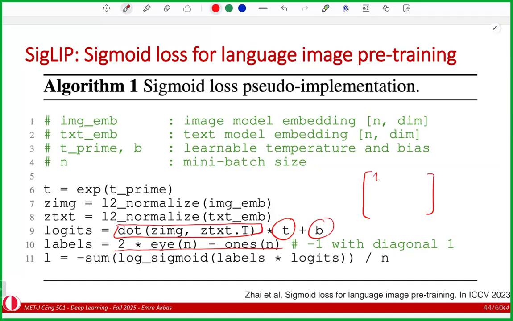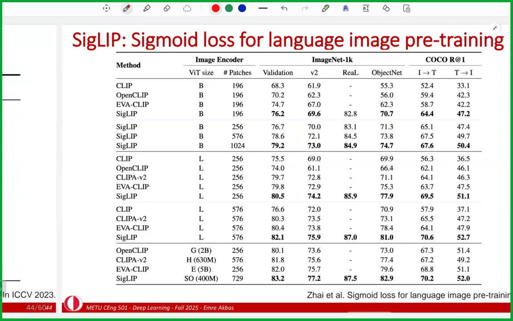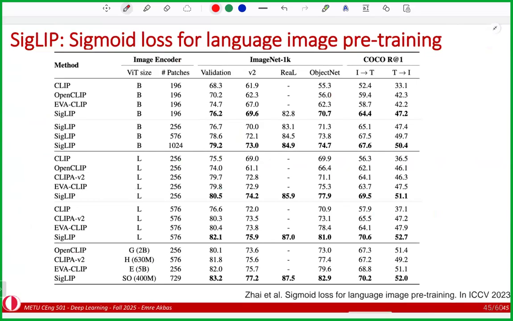The label will be like this: you have plus ones in the diagonal and minus 1 in the off-diagonals. And then you just do the sigmoid loss using this matrix. That's it. So simplified, very nice. And it shows superior results compared to CLIP on almost all datasets.